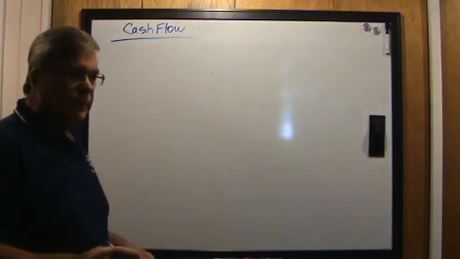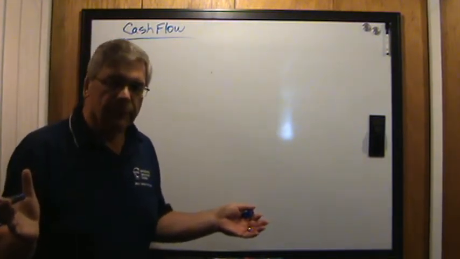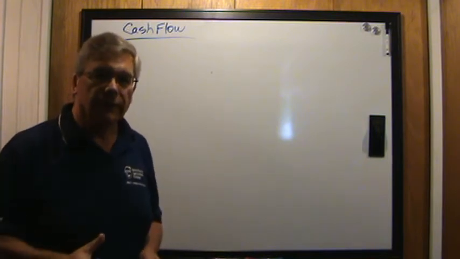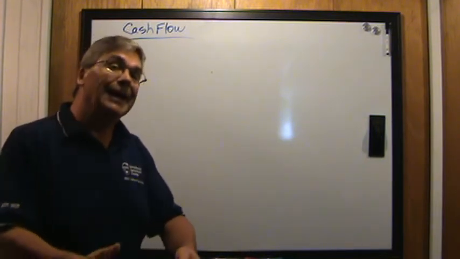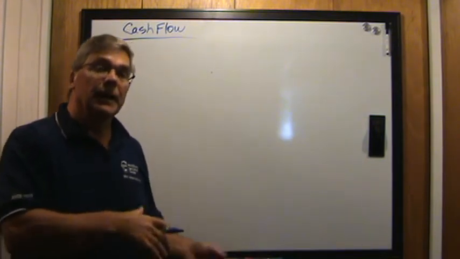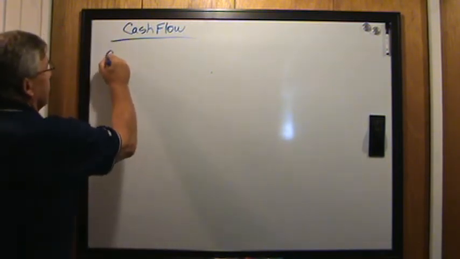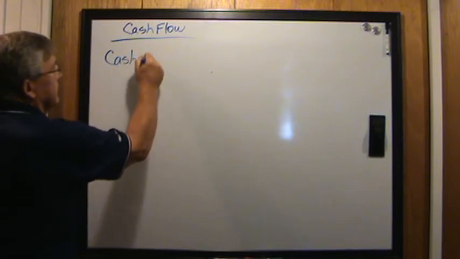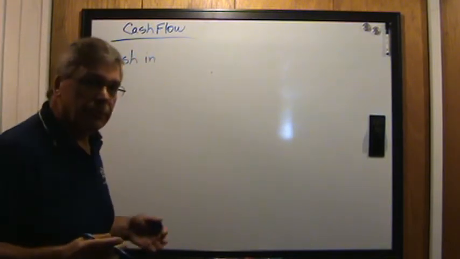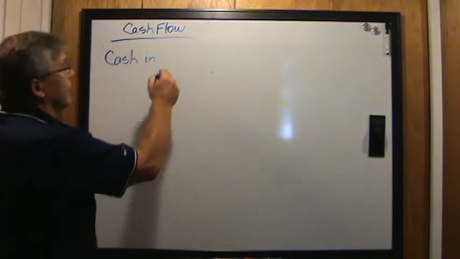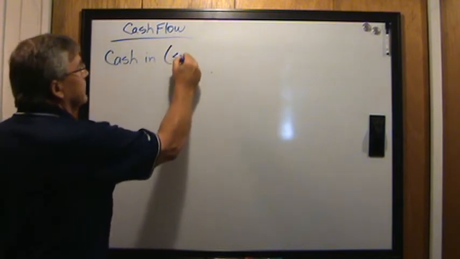Cash flow is exactly what it says. It traces the flow of cash into the business and out of the business. Okay? And that's how we set it up. We talk about the cash in, sometimes more formally referred to as sources of cash.